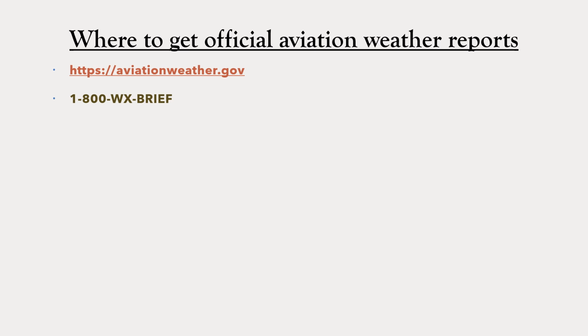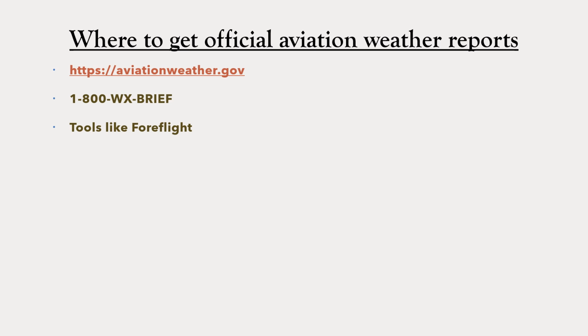Obviously, they will decode the products for you, and you call and get a briefing from there. When we get the briefing that way, it goes on record that we've called and gotten a weather briefing, which would be valuable if you get involved in an incident and the FAA wants some proof that you got a weather briefing.